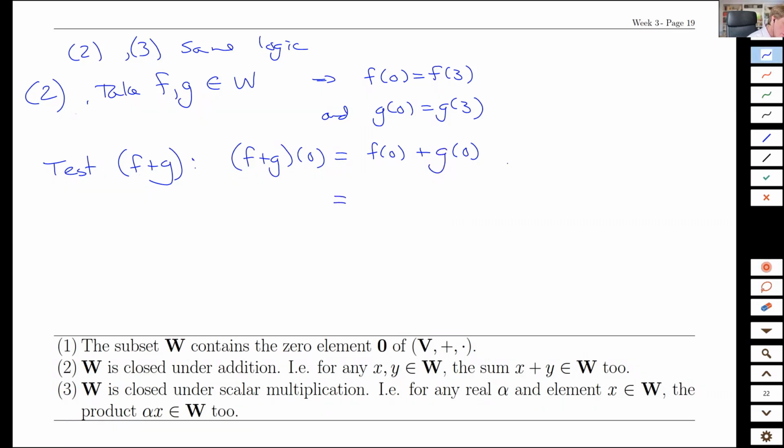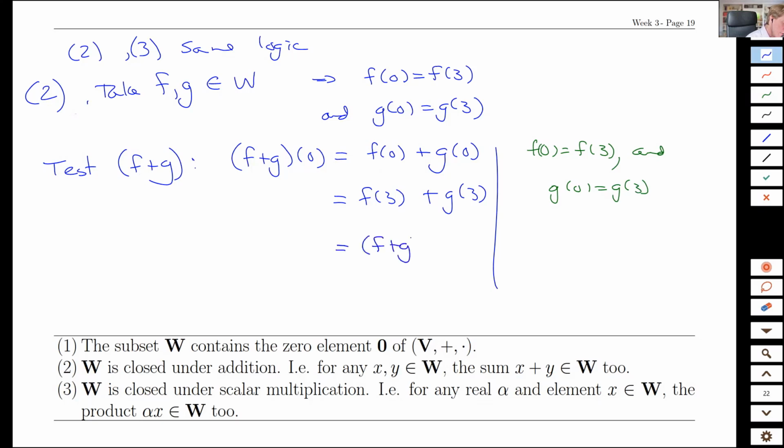But then we have the property that f of 0 is the same as f of 3, and g of 0 is equal to g of 3, because we're in this space. But then what does that look like? That looks like f plus g evaluated at 3.